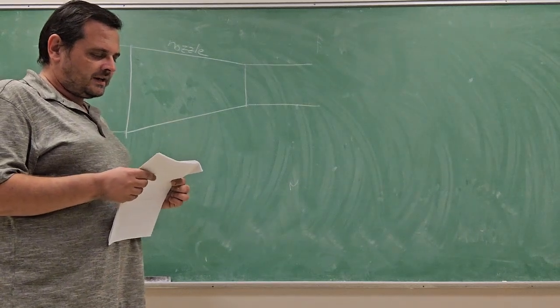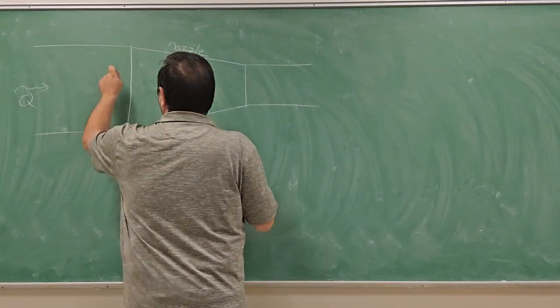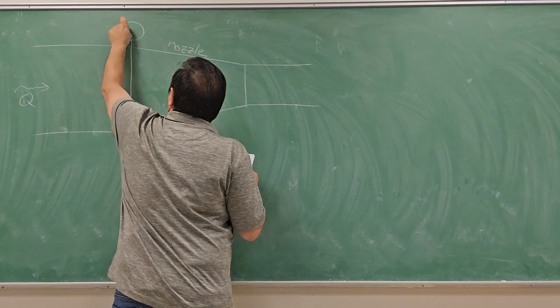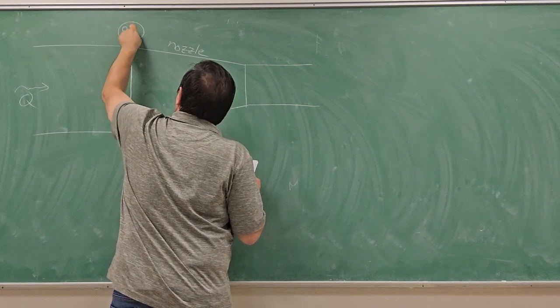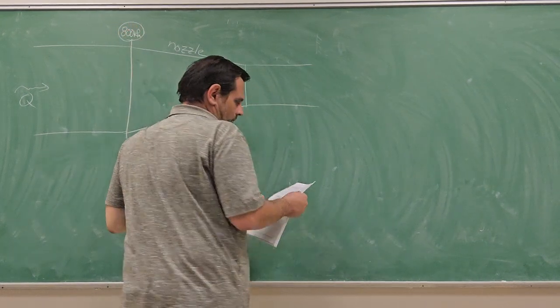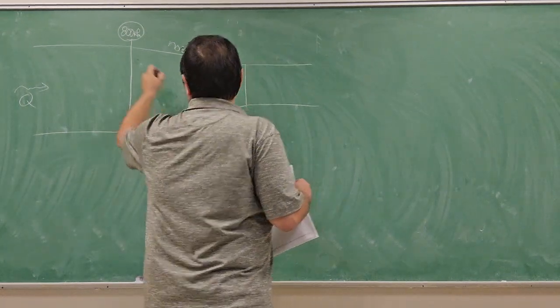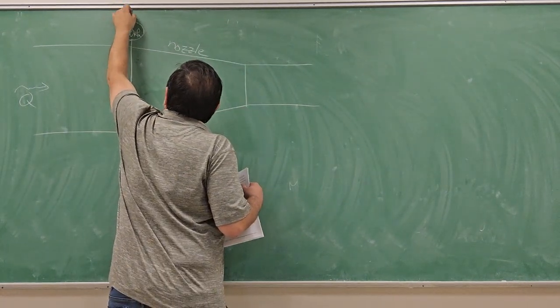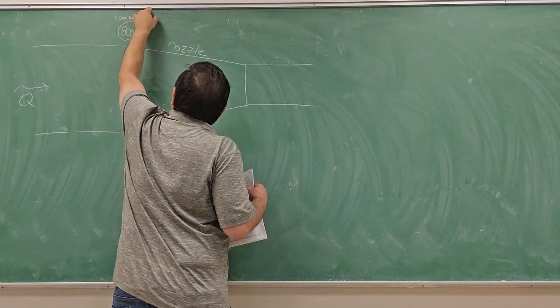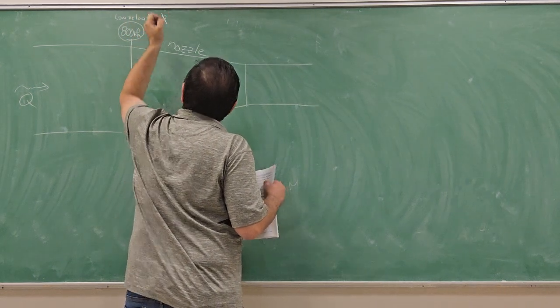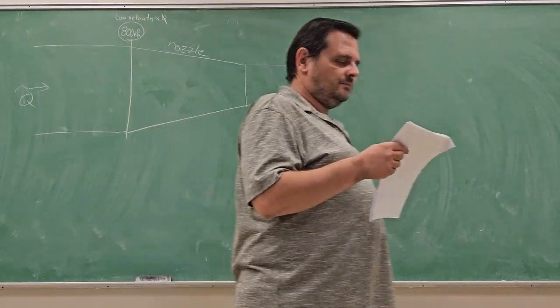Now, the question says water enters the turbine nozzle at 800 kilopascal. So if I have a pressure gauge here, it's going to read 800 kPa. And it says with low velocity. Low velocity means, let's say, approximately equal to 0. I will help you a little bit with that.